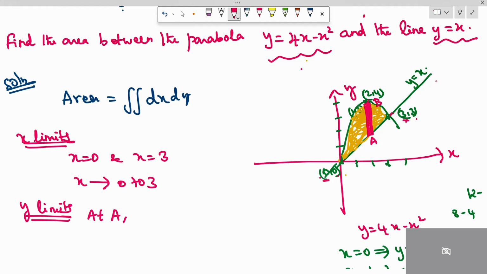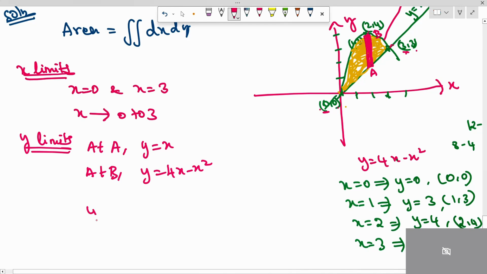A lies on the straight line, here y is equal to x. At B, what is y? The parabola equation is y is equal to 4x minus x square. Therefore, y varies from x to 4x minus x square.